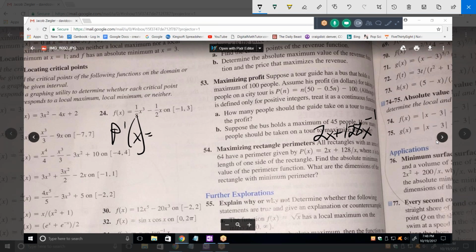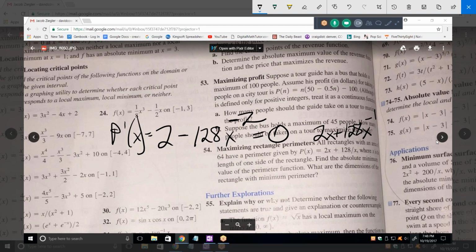Okay, so it would be 2 plus negative 256. No, you're multiplying, start with the exponent. You're multiplying minus 1 by that coefficient. Oh, yeah. Minus 128x to the negative second. Okay. Now that's what we want to set to be 0.